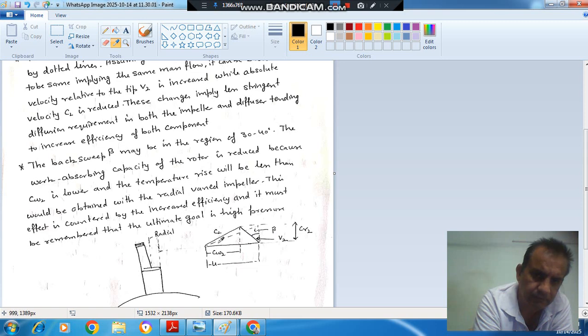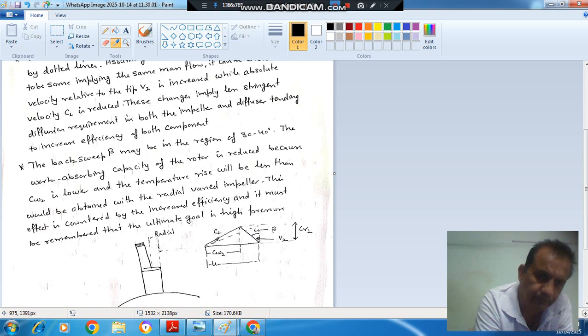This will remain the ideal case as shown by dotted line, but due to back sweep, and if we consider zero slip, V2 will automatically be in this direction because of this back swept angle beta of the blades.